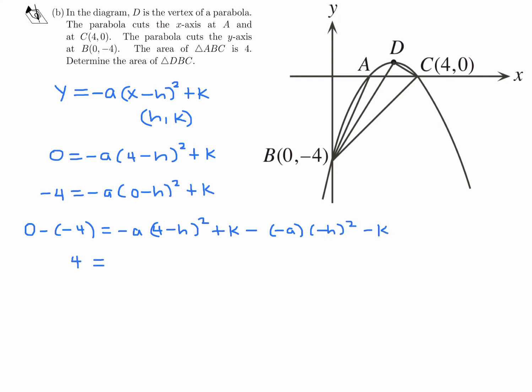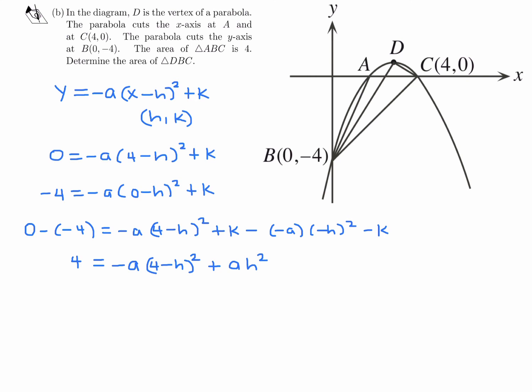So this is just 4, and the k's cancel, and then I've got to, let's see here, collect like terms, and if I do, I get 4 = -a(4 - h)² + a h². And that's about as far as I can go for now. We'll see what happens a little bit later.